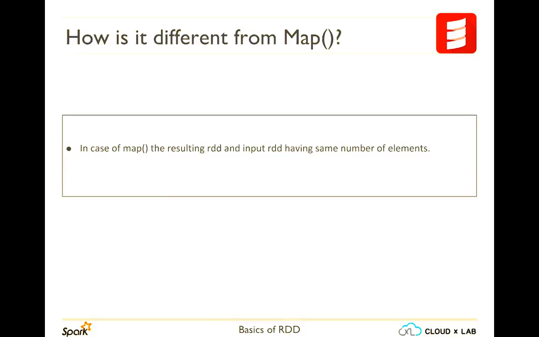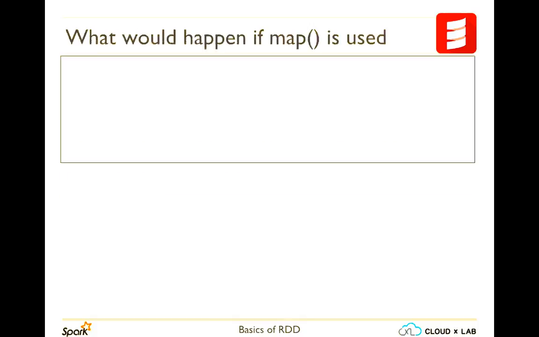In the case of map, it should just return another object. So in map, the number of output elements equals the input elements, while in flatMap, the number of output elements could be different. It could be less, it could be more than the source elements. So map can only convert one to one, while flatMap could convert one to many.